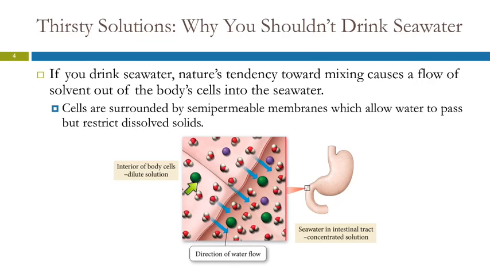There are sodium and chloride ions in the fluid in your cells. But the seawater coming in has more sodium and chloride ions in it. And nature's tendency towards mixing causes water from your tissues to flow through this semi-permeable membrane that allows water and specific substances to pass through it. The water goes out to dilute, to mix with the salt water.